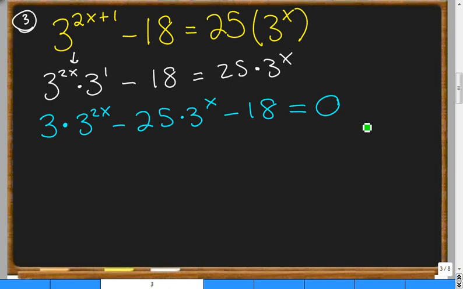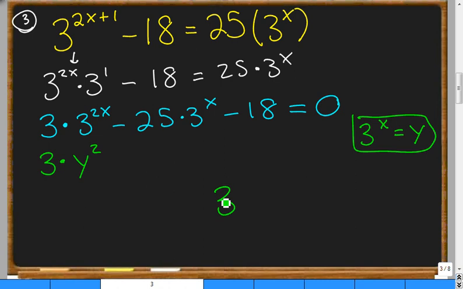Let's make this assumption: I'm going to say that 3 to the x equals y. I'm going to rename it, and it's just going to make things look a little easier. So this would become 3 times y squared.